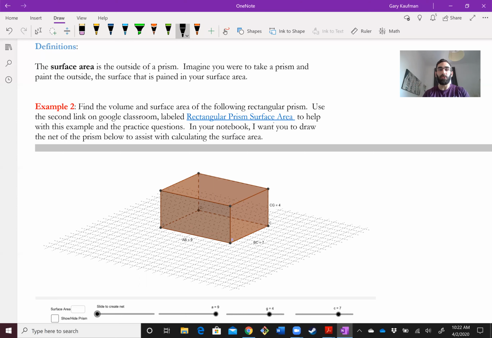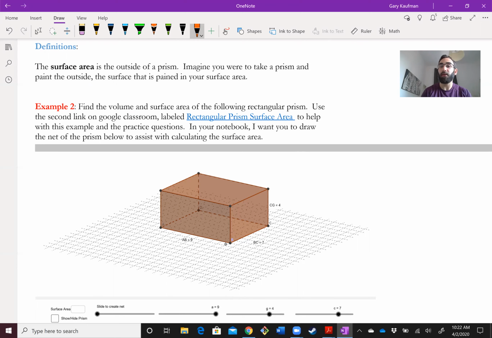So I want you to find the volume and surface area of the following rectangular prism. Now, the second link on Google Classroom is going to help with this. Now, in this example, you see that I made A 9, G I made as 4, and C I made as 7.